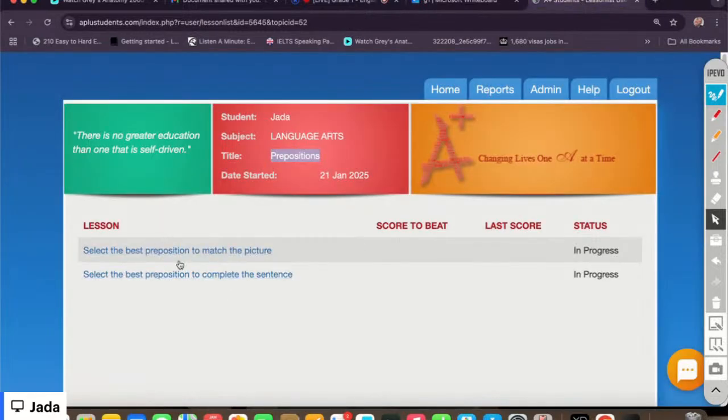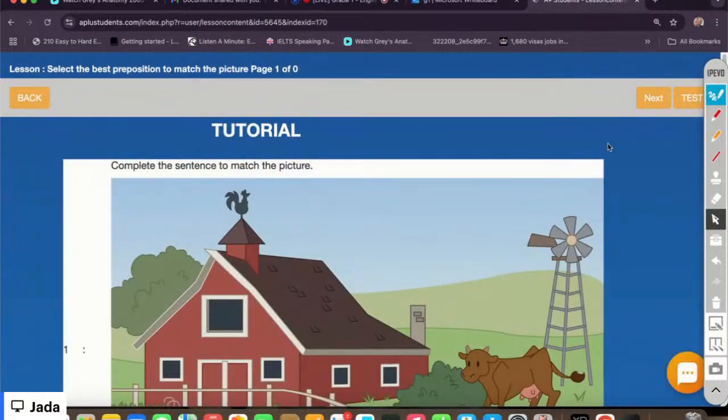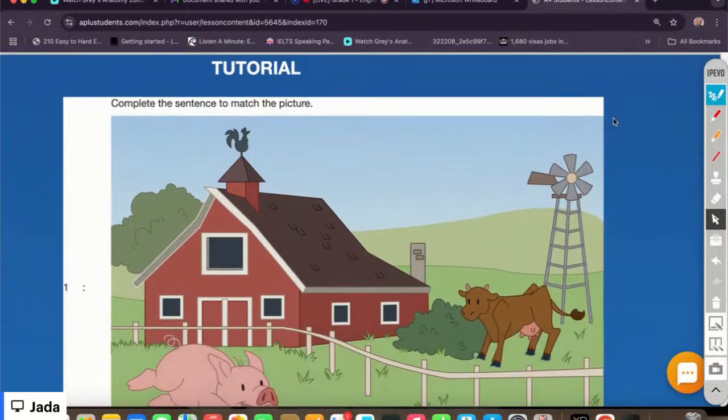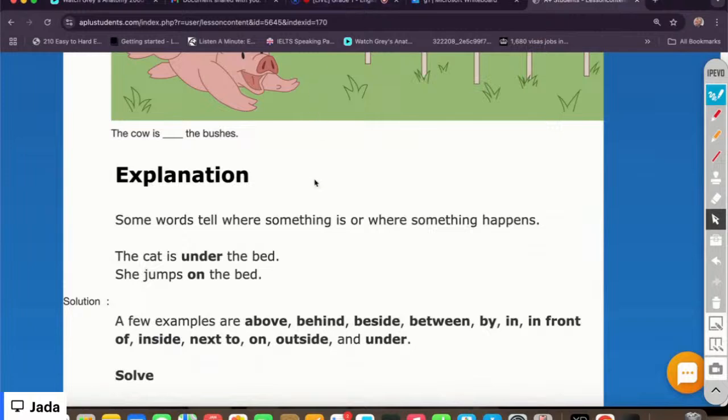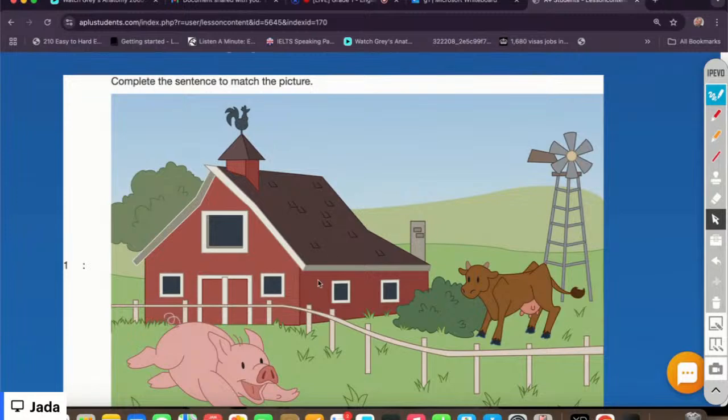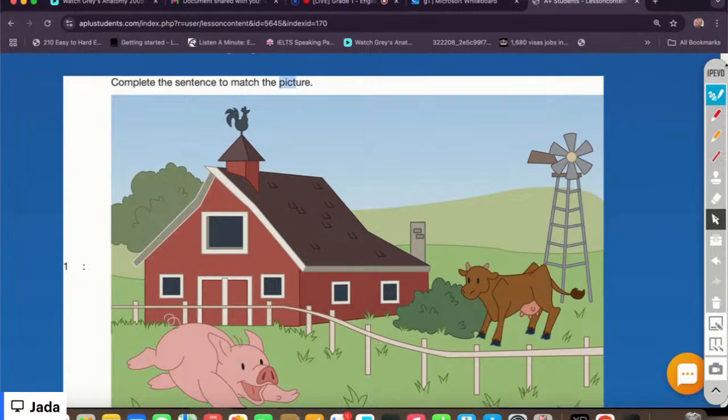So, our first lesson is select the best preposition to match the picture. So we have the explanation. Of course, we know that prepositions are words that tell where something is or where something is happening. Like the cat is under the bed, she jumps on the bed. So look at this picture, okay? Complete the sentence to match the picture.